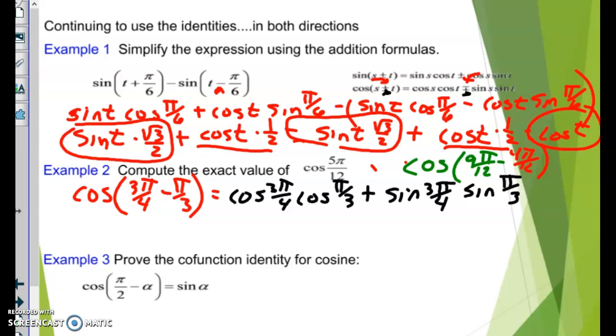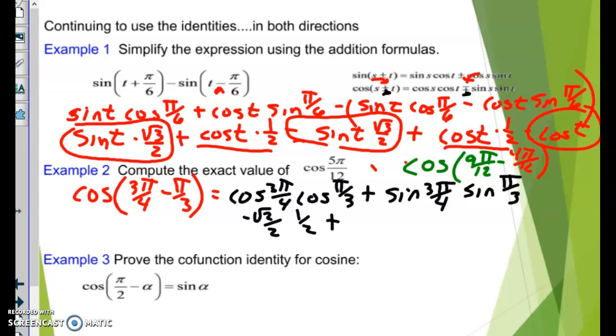Now hopefully this comes out to be the same thing. Boy, that'd sure be embarrassing if it didn't, right? So let's simplify. The cosine at 3 pi over 4 is negative root 2 over 2. The cosine at pi over 3, cosine is the x, gives me the half.